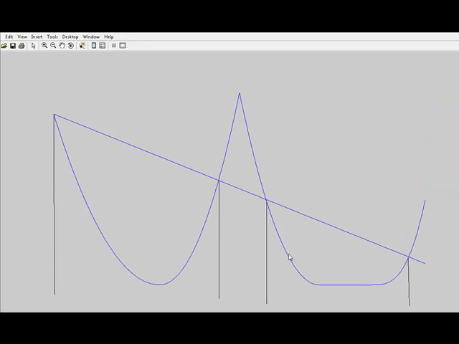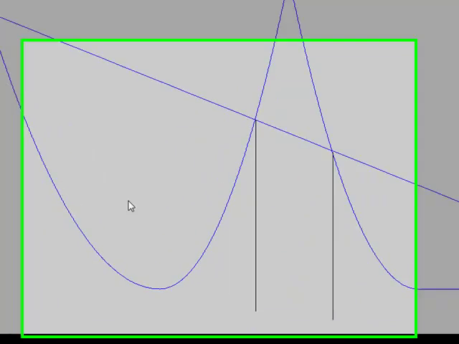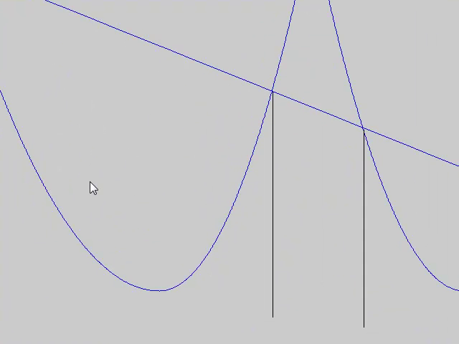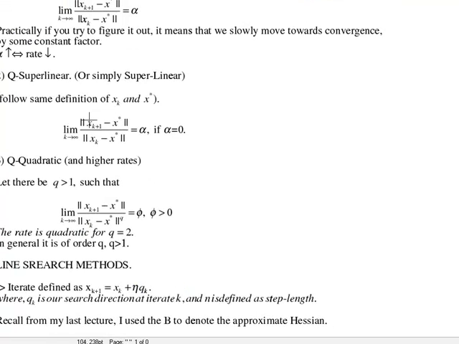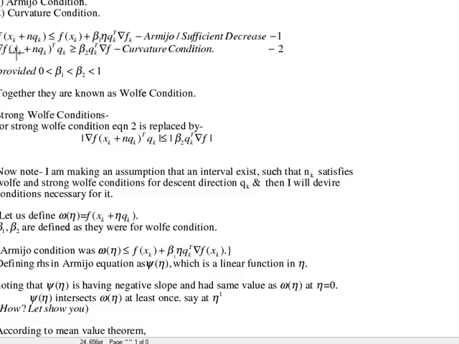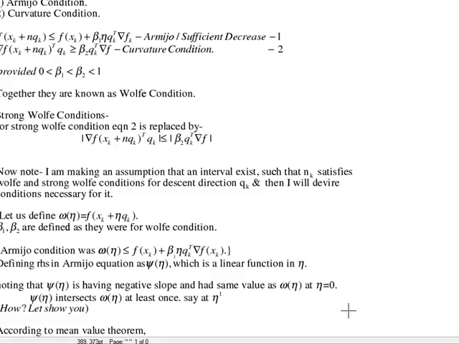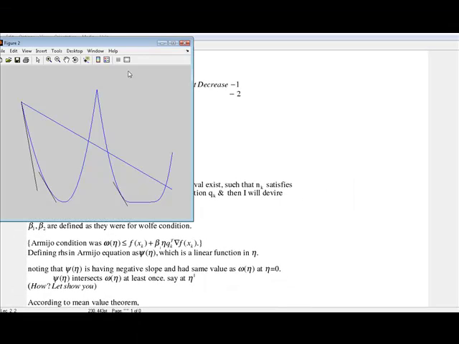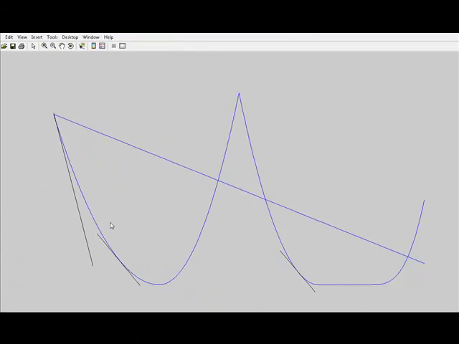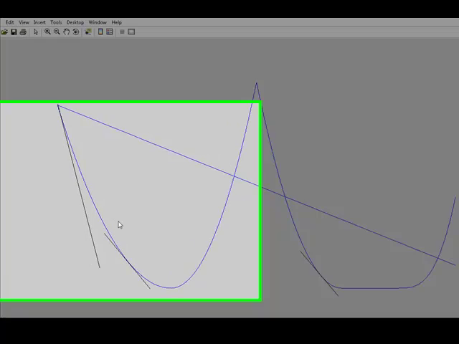This region and this region, these are our allowed values of eta. And our second condition, that is the curvature condition.